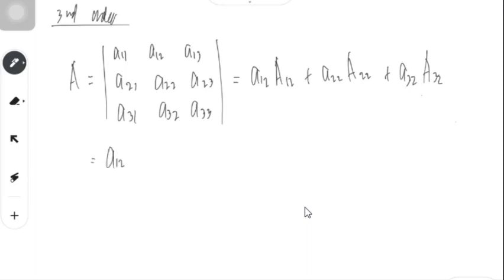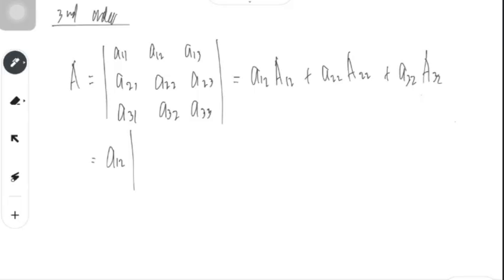A12, what is the cofactor ng 12? That is a third order determinant, then the cofactor turns out to be a second order determinant. Tingnan natin ha. A12, ano ang sign? Positive, negative? A11 is positive, A12 should be negative. Okay? So, ano yung cofactor ng A12?